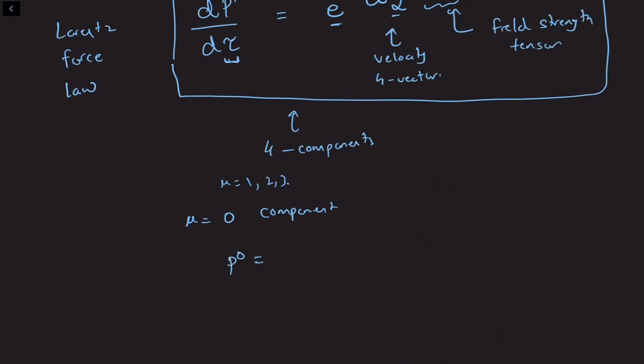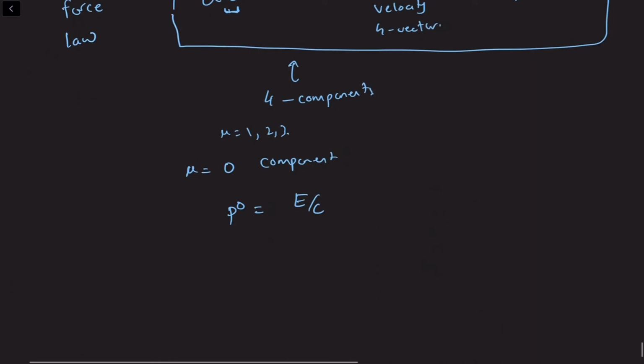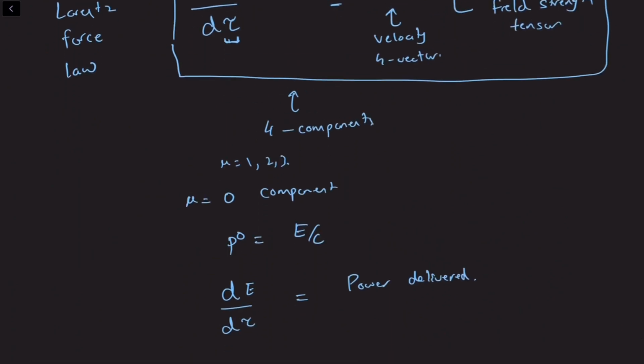Since p^0 is the energy of the particle, or E by c, the 0th component would tell you the rate of change of energy of the particle with proper time. And this would be related to the power delivered to the particle. Okay, so this would be equal to the power delivered. So that's how you interpret the mu is equal to 0 component.